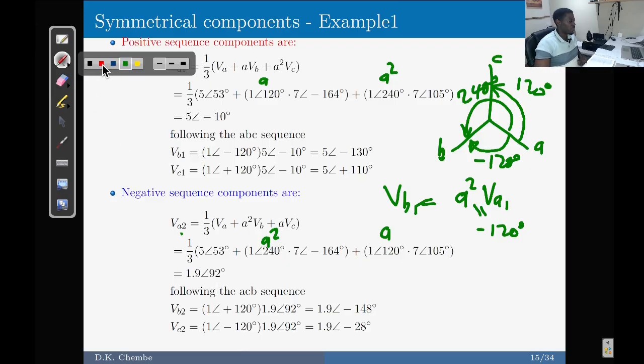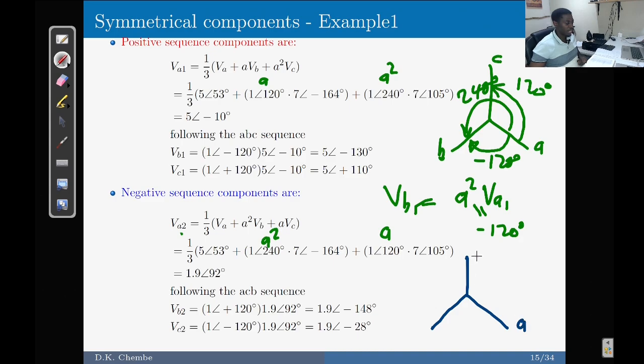Again, if I take you back, for the negative sequence we have the following image, where you have A, you have B, and you have C. For positive sequence we are following the ABC sequence, and here we are following the ACB sequence.